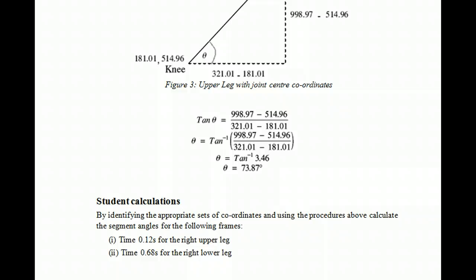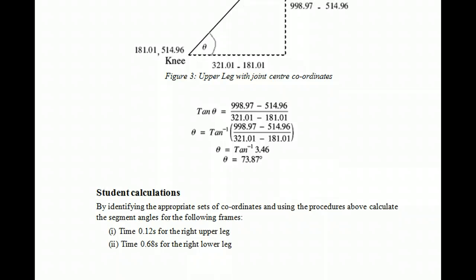Now if we substitute those values into our trig equation, tan theta equals, at the top, the vertical length of the right angle triangle, and on the bottom the horizontal length. Then by simple straightforward division, we can locate what the tangent will be.